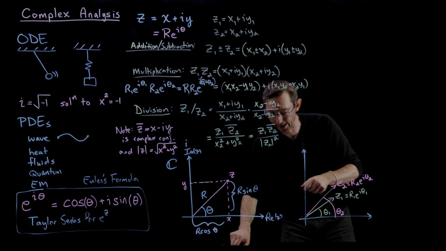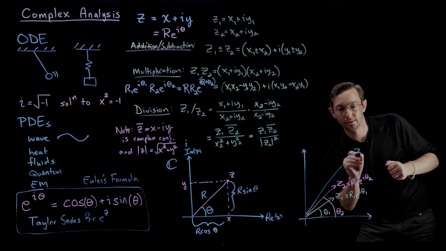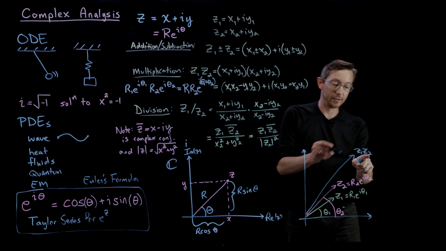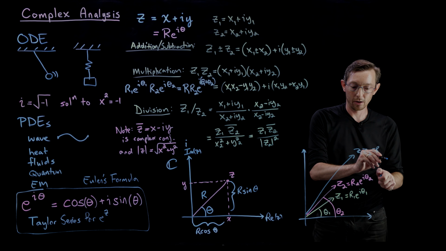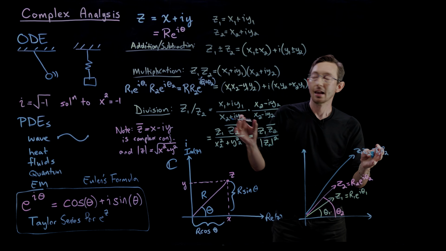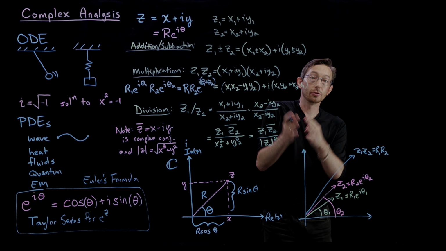The new vector that I get out of this, z1 z2, has a radius of r1 times r2. So those multiply, and the angle of z1 and the angle of z2 just add.